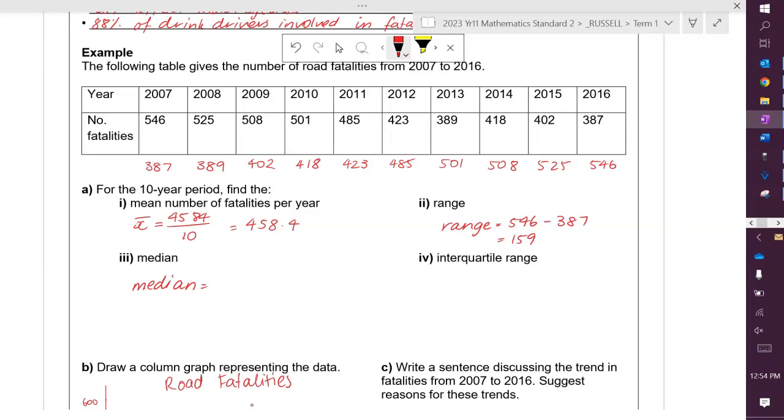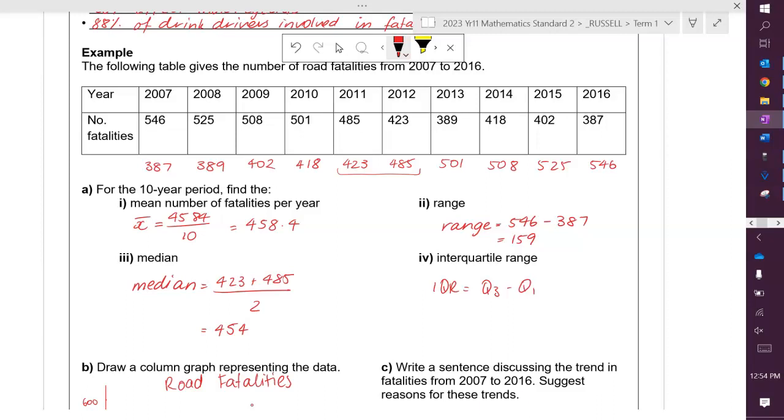My median, remember median is my middle score. If I've got 10, I'm looking for my 5th and 6th. 1, 2, 3, 4, 5, 6. So I'm adding those two together and dividing by 2. It's going to give me 454. And my interquartile range is my Q3 minus my Q1.